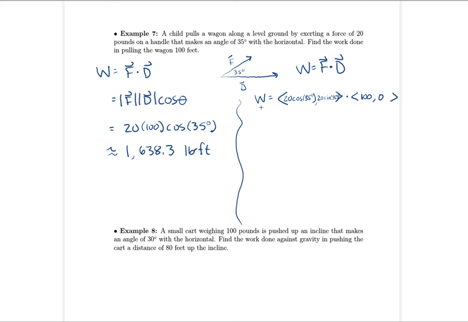Which is going to be equal to 200 times the cosine of 35 degrees, which gives me the exact same answer. So you can approach that either way. You can write out the component form, or we can just use our dot product theorem formula.